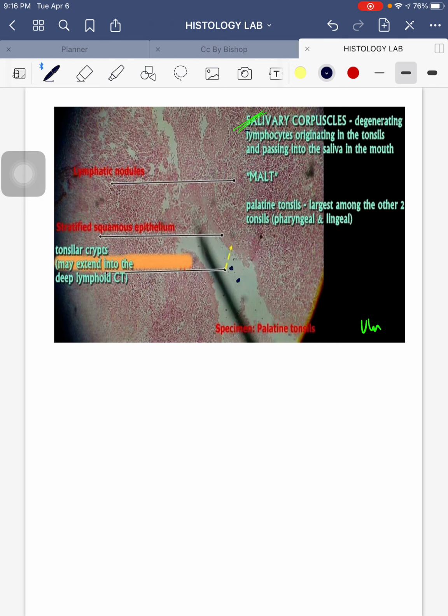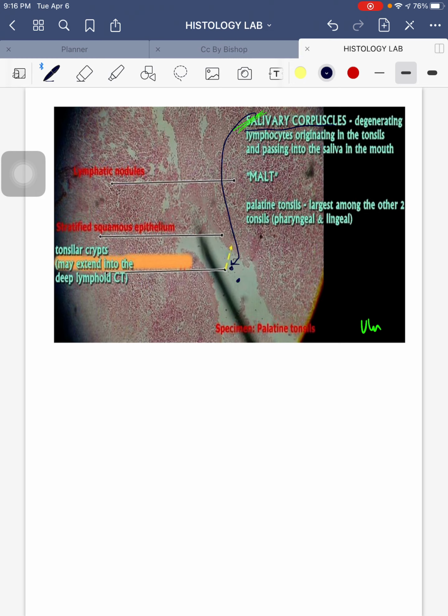Because salivary corpuscle is defined as degenerating lymphocytes originating in the tonsils and passing into the saliva in the mouth. So sometimes, if ever it's seen, this can be classified as a salivary corpuscle, and this can still help you in identifying that this is palatine tonsils.